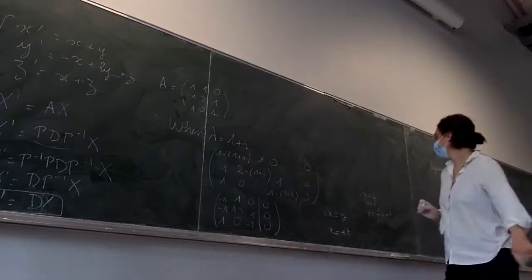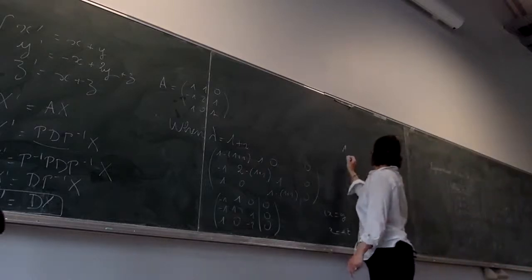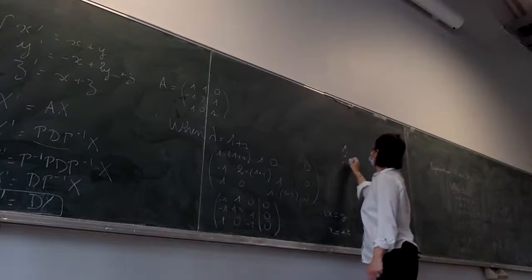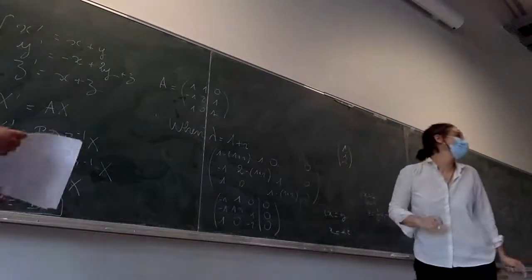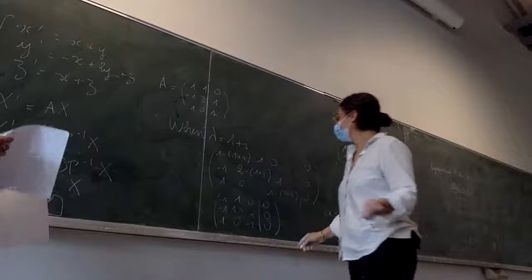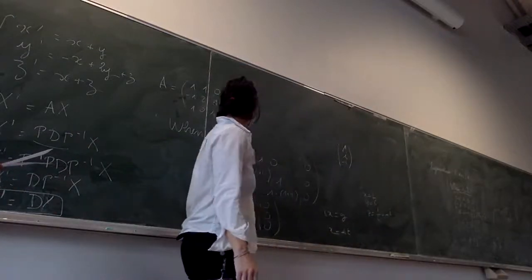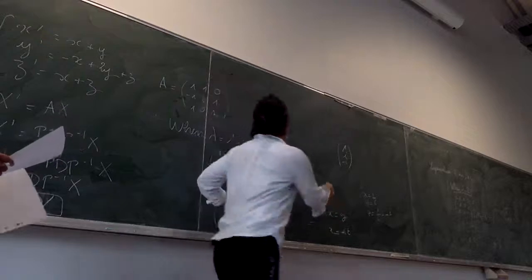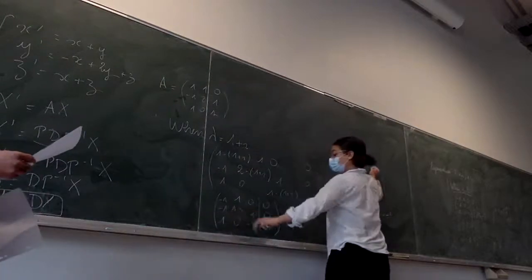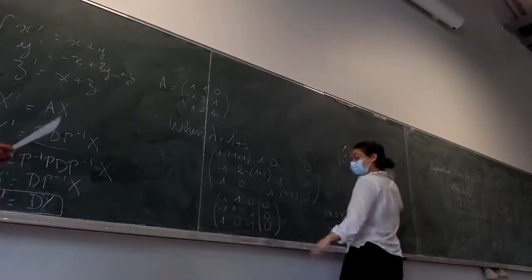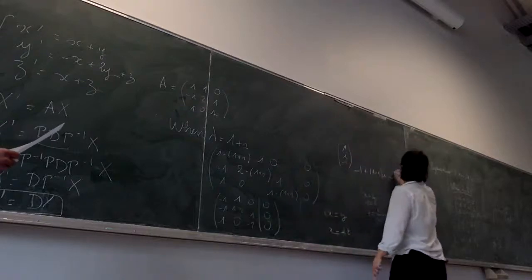Okay, right? So I get (1, i, minus i). You can check that it's working, okay? If you're not sure about that, negative 1 plus 1 minus i times i.